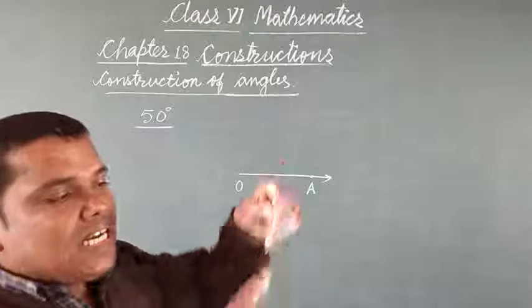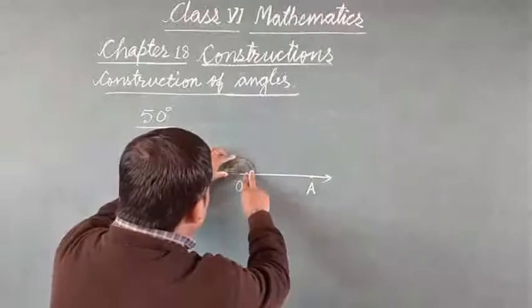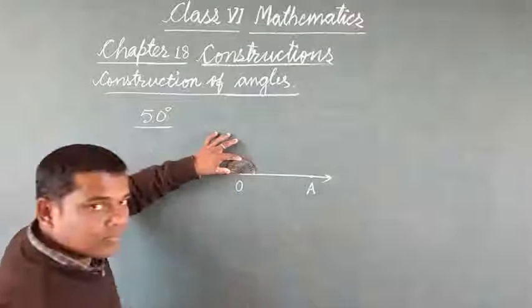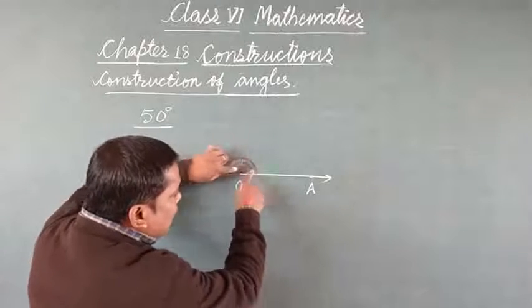Now, the center of the protractor will be kept at O, and the baseline, which is on the right side, must coincide with this ray OA.